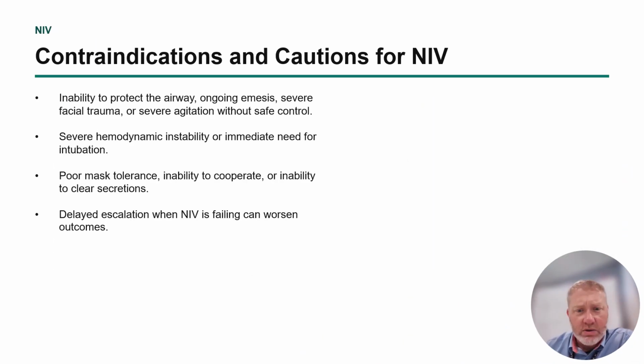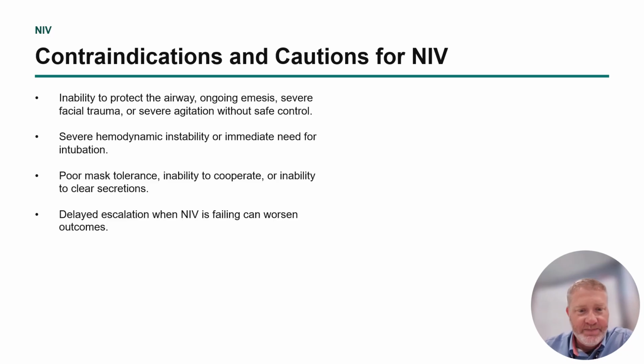Contraindications and cautions, I'm sorry, for non-invasive ventilation. Inability for the patient to protect their airway. If they're puking, don't put it on. If they're at an aspiration risk, don't put it on. Severe facial trauma, severe agitation, if they're not going to tolerate it, I mean, use your magic, give them some meds, or find a different way to ventilate them.